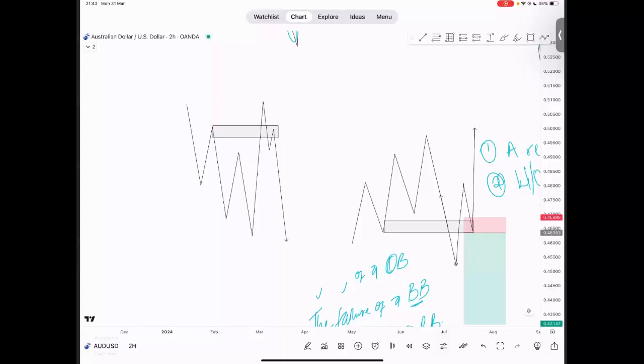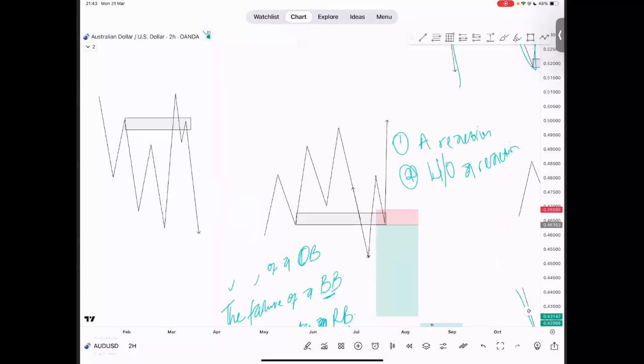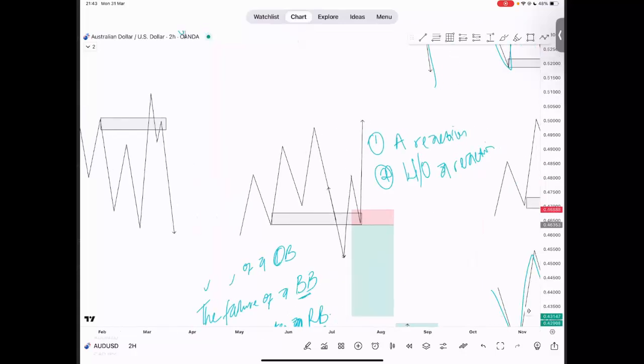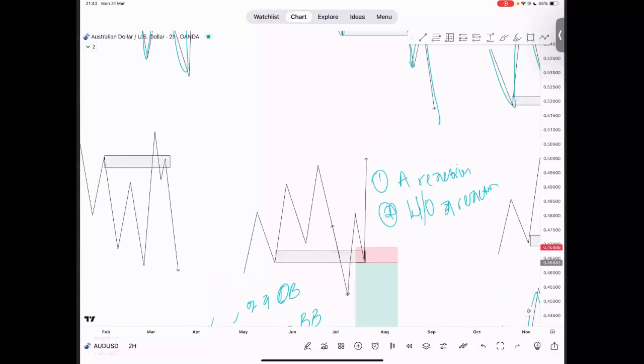So in tomorrow's class, we're going to be looking at these things on the charts, right? Identifying them and validating them on the charts, and also mitigation blocks as well. And then we'll look at reclaim blocks for continuations, reclaim blocks for reversals as well. This is going to be a very interesting topic, trust me.